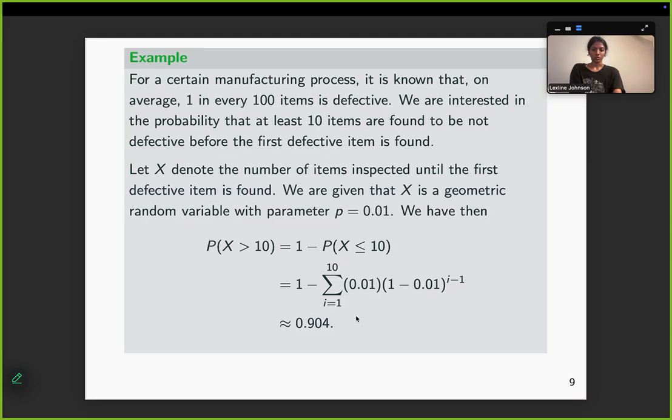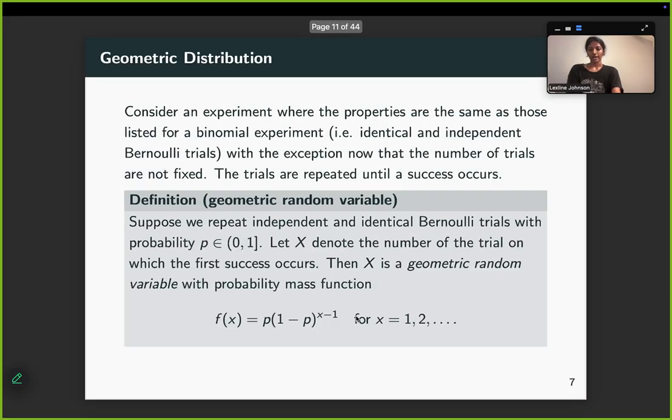And then we can use our formula given back here. So our f of x would be equal to the probability of success times the probability of failure to the power of x minus 1, where x is the number of the trial on which the first success occurs.